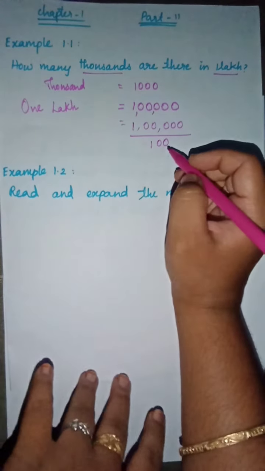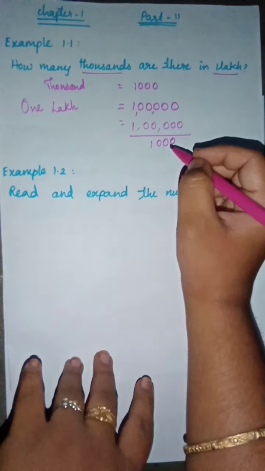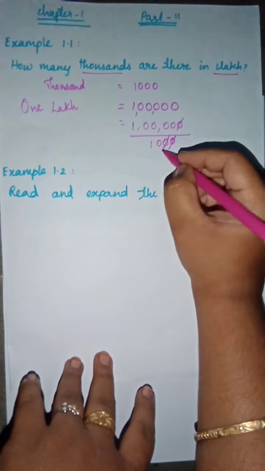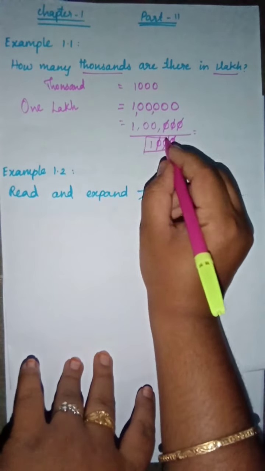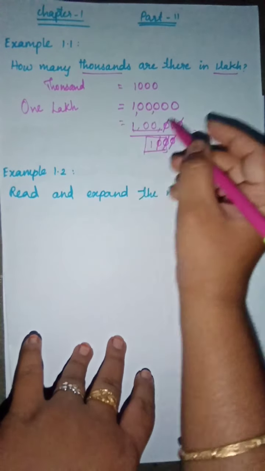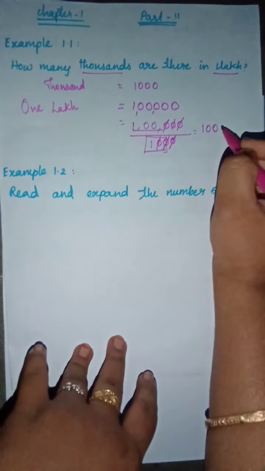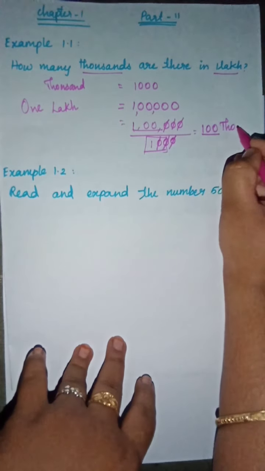Okay, now we have to, sorry, 1000. So we have to cancel the answer. So 0 0 0 0 0 0. The ones that remain, we can keep as they are, and we can see what is remaining upside. We have to take it and write it. Now how many? It is 100. So 100 thousands.